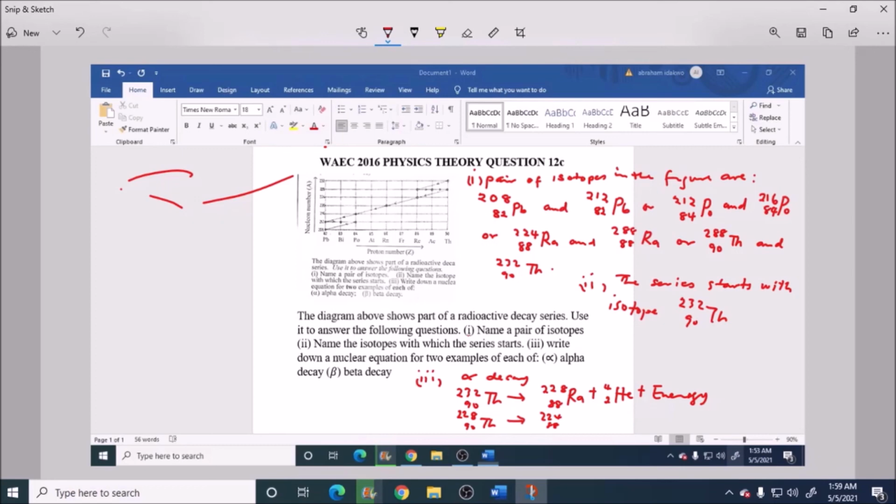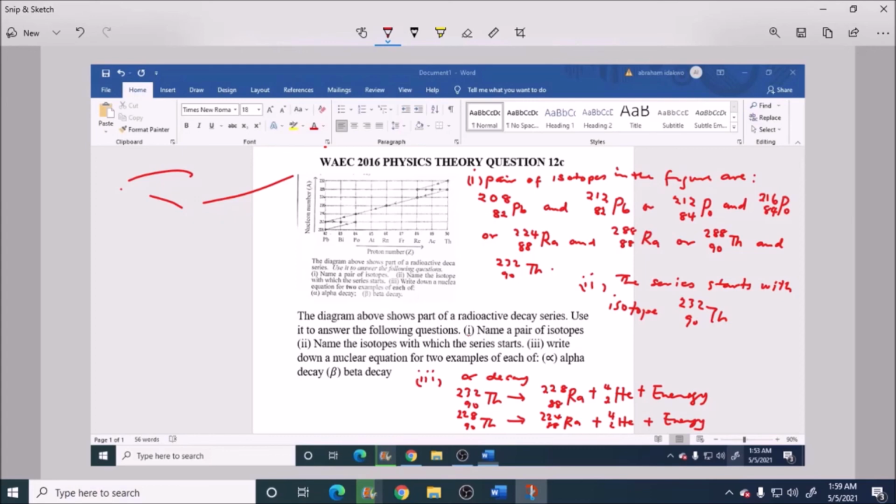We also have 224, 88 radium resulting in 220, 86 plus alpha plus energy.